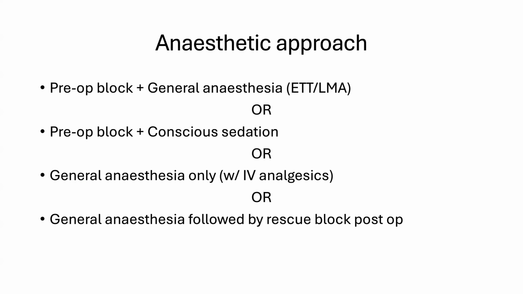There is a mention in literature of some people using laryngeal mask airways, but in my practice, I tend to use endotracheal tubes simply because a laryngeal mask airway is not a definitive airway, and sometimes when the surgeons need to manipulate the shoulder, it can happen that the LMA can be dislodged, and then that may require the anesthetist to attend to the airway and disrupt the surgery and actually affect the flow of the work in the operating room.